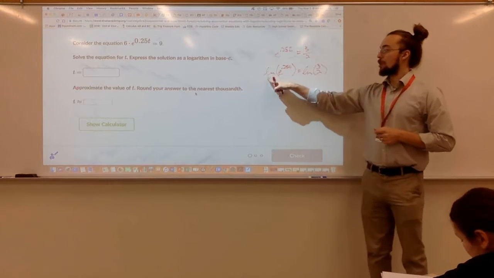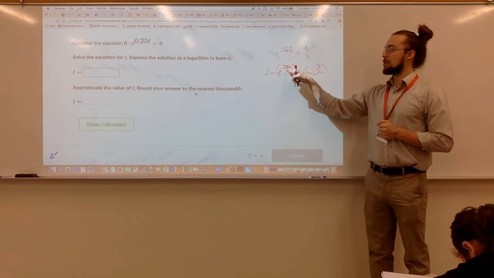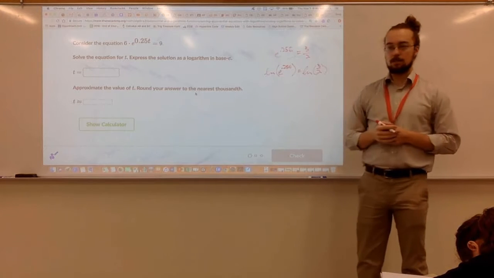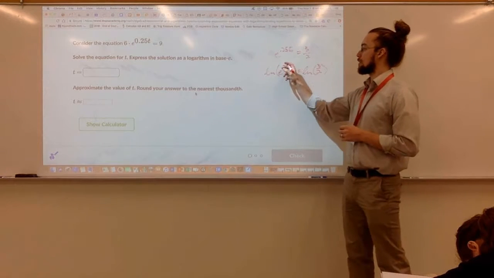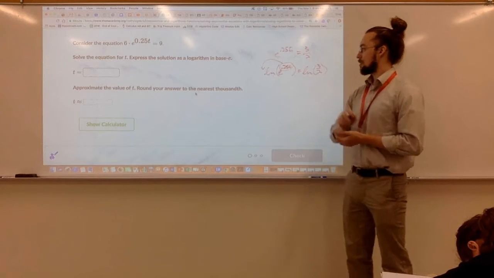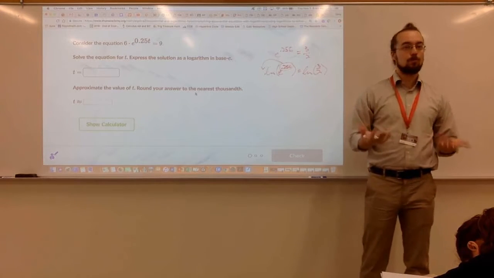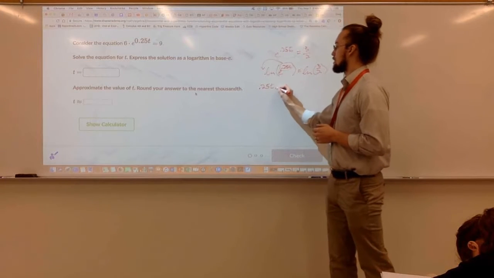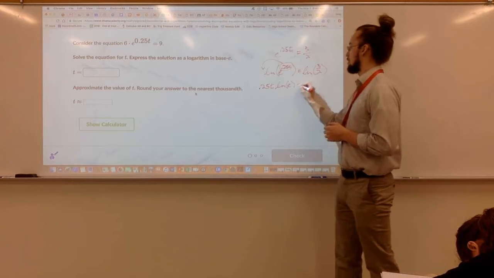So log base e of e to the 0.25t is just 0.25t. The long explanation for that is we use our exponent rule for logs. I can write this then as 0.25t times the natural log of e.